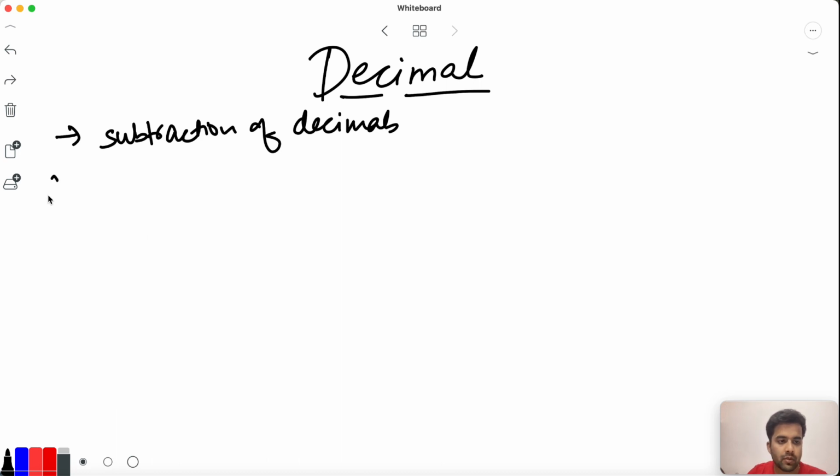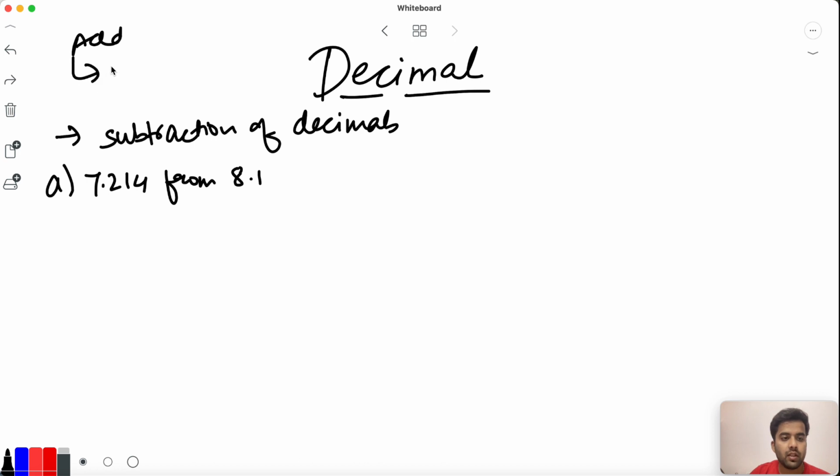Now come to question A: 7.214 from 8.1. Assume. See, in addition the question will be like this: two numbers will be there with a word in the middle. But in subtraction, "from" will be there.